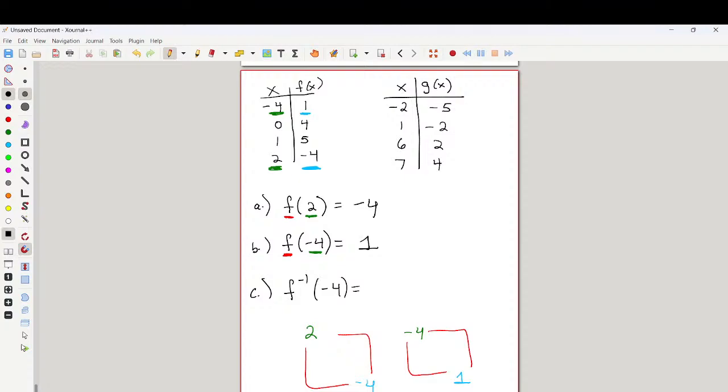This is f, which it is. We don't have a table of values for f inverse, but I claim we don't need it. Here's the undoing of f. This is the undoing of it. So what does it have to give us back? 2. Did I really need to draw that second thing? No.